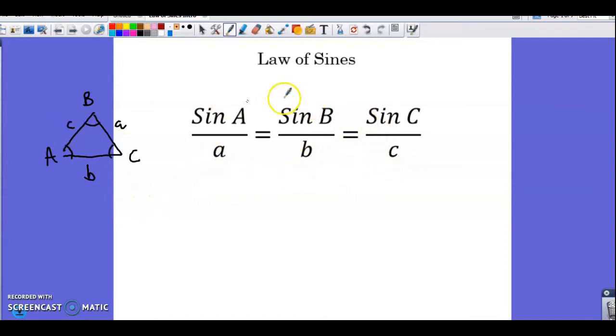So it's written out as three proportions. You can't solve all three at once. You always have to write it as a pair, but you can write three different pairs.